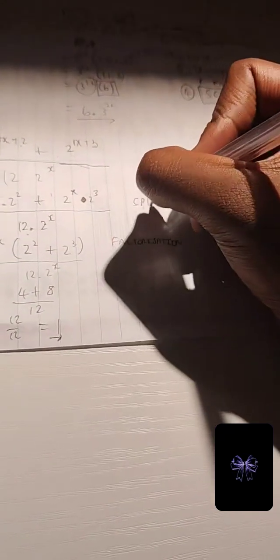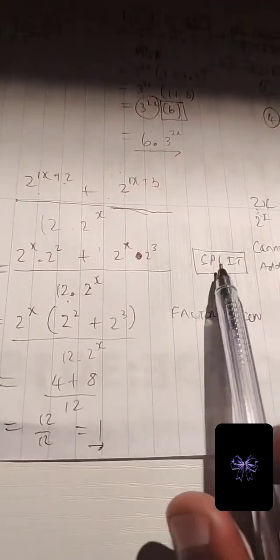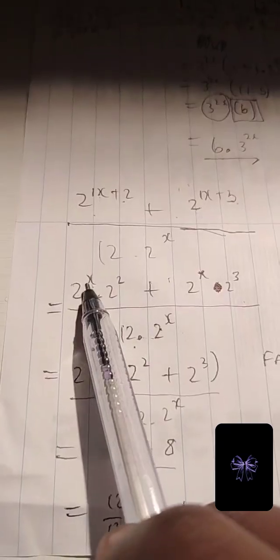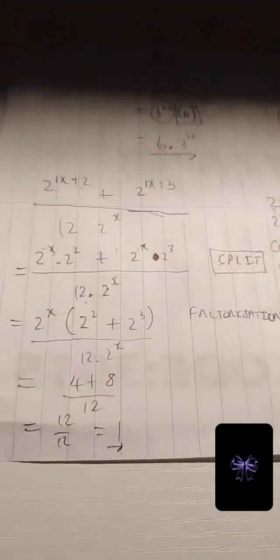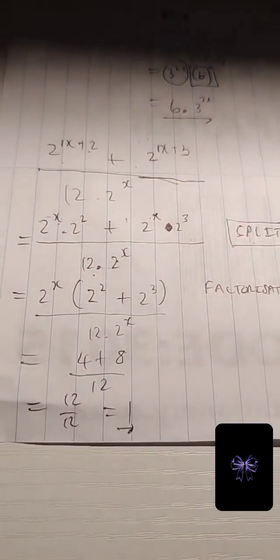So what I'm saying is that you see this splitting strategically happened because we could see that for the bases where the variable exponent is, the coefficients of the variable are the same. So the splitting can then happen and the common factor can be taken out.